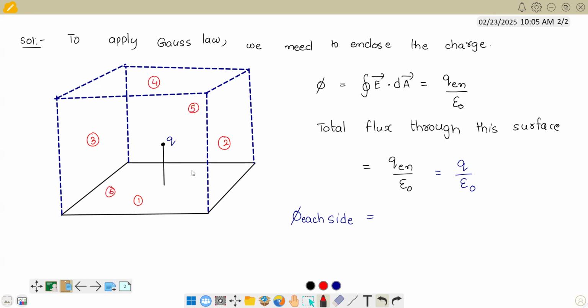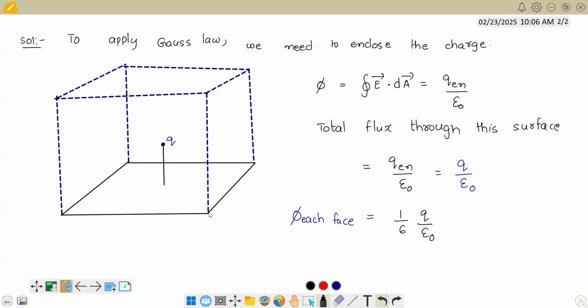We have 6 faces, each at equal distance from the charge, so each face divides this equally. So flux through each face is 1 by 6 q by epsilon naught.